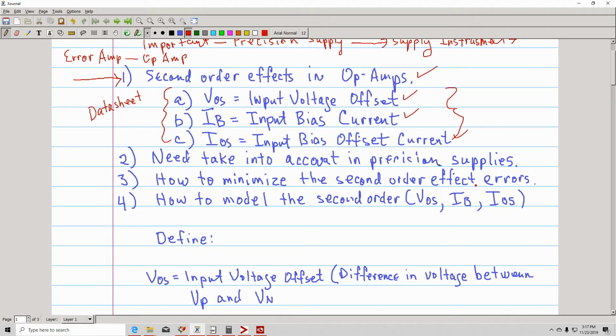We need to take these into account and understand them. Once we understand them, we can try to minimize the effects, and I'll show you how to nullify at least one of them and minimize the other one.